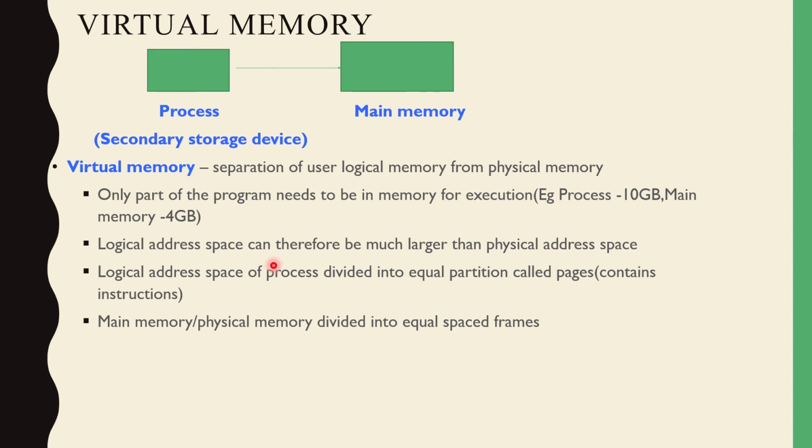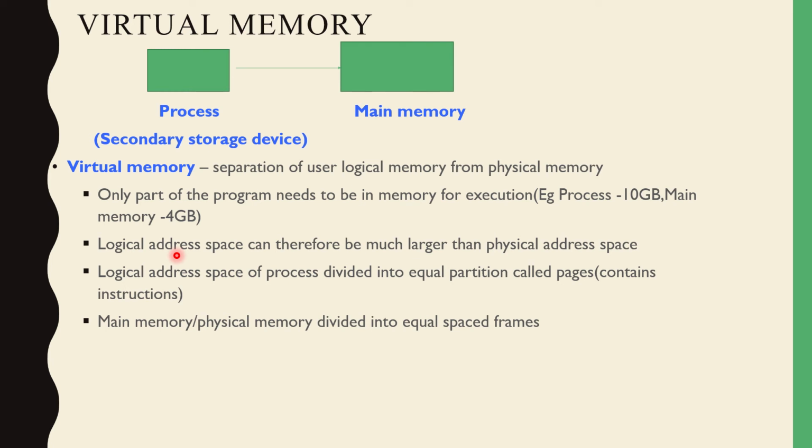To implement the virtual memory concept, we use the logical address space of the process. It is a memory in your storage space, which you consider as a logical address space.